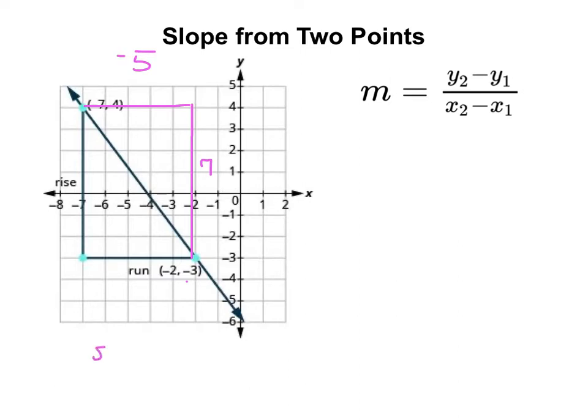So then my slope would equal my rise over my run, which is going to be a rise of 7 over a run of -5.